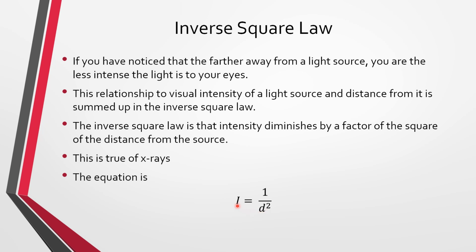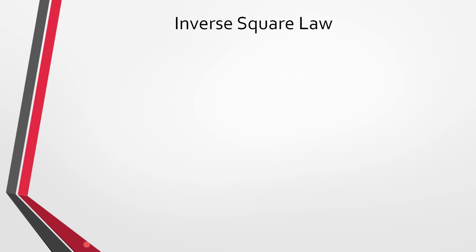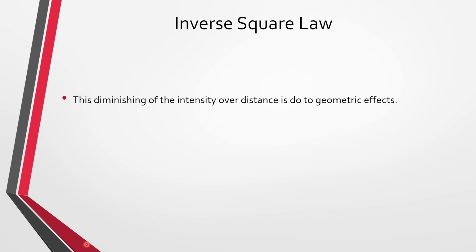So as you get farther away, it's not just linear, not just one-to-one. If you move twice as far away, it doesn't get half as intense. We'll see that here.